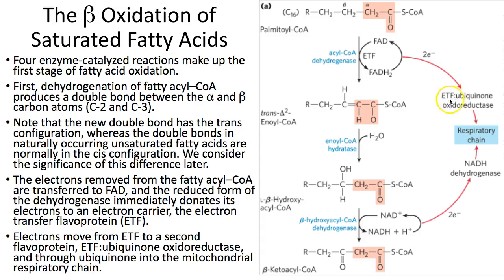But this one has ubiquinone oxidoreductase, and then from there, the electron is transferred into the respiratory system, and once again, the electron goes to the oxygen, producing the metabolic water, and also producing ATP. Within this process, the ATP that's generated is 1.5 ATP.